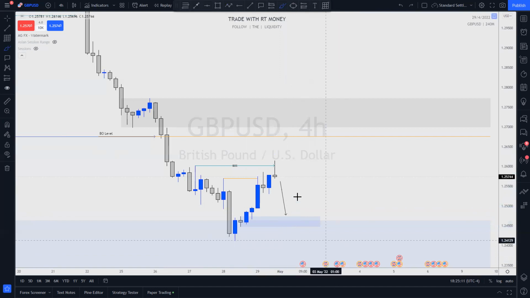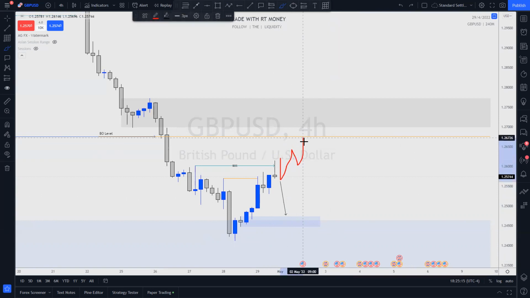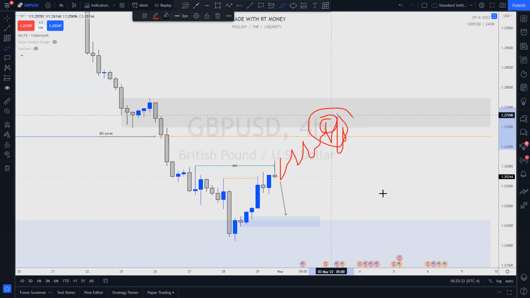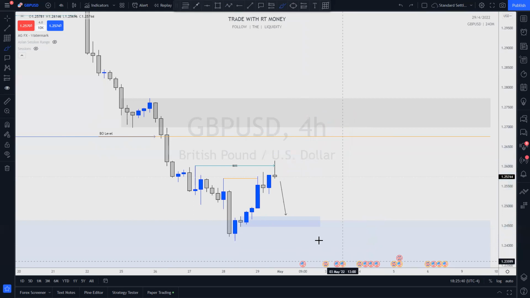But if price maneuvers itself before Wednesday to give a better price to the big boys, the institutions up here for shorts, well, this is where I want to take my trade. This is where I will figure will be a higher probability trade because it will be with the trend. Got it? That's where I am looking.